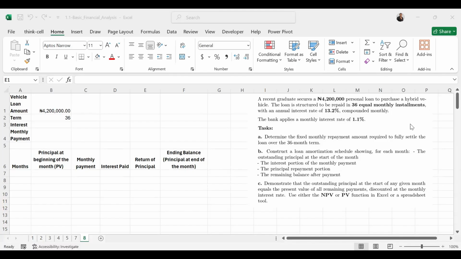Use the PV function in Excel or a spreadsheet tool.